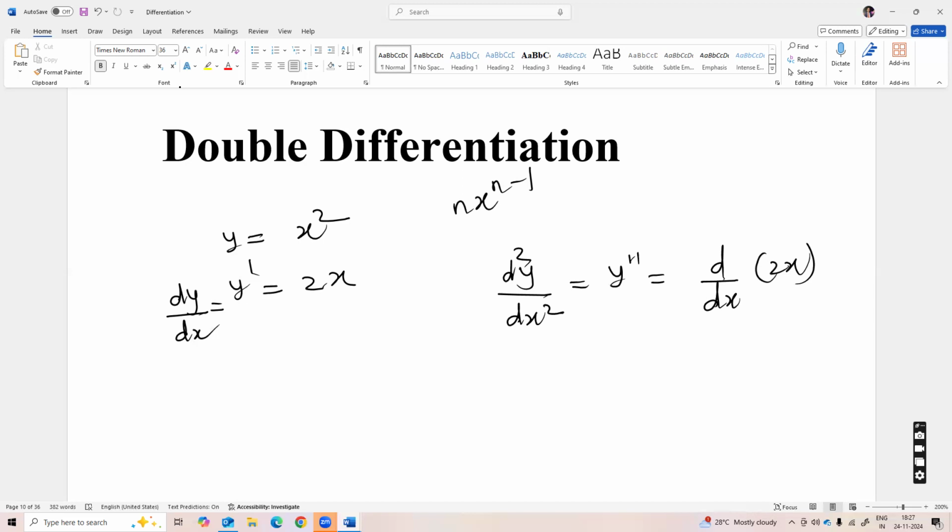To take the second derivative, we just differentiate this y dash, which is equal to 2x. The differentiation of 2x is basically 2. So the double differentiation of y equal to x square is y double dash, which is equal to 2.